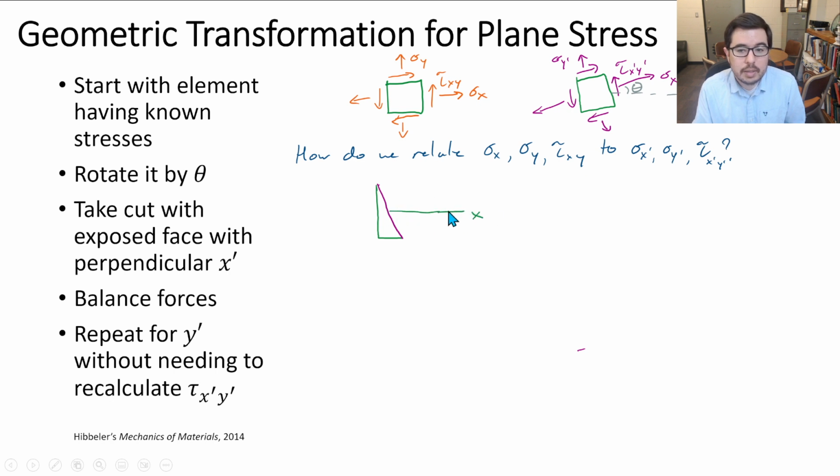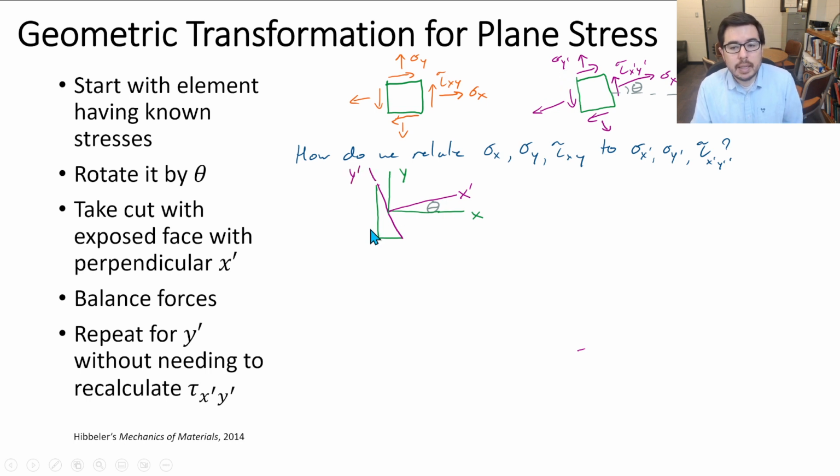This was x, this was the y, but this face is now perpendicular to the x prime here, and it has this angle. So now we've gotten to this step. This direction is going to be in the y prime direction.